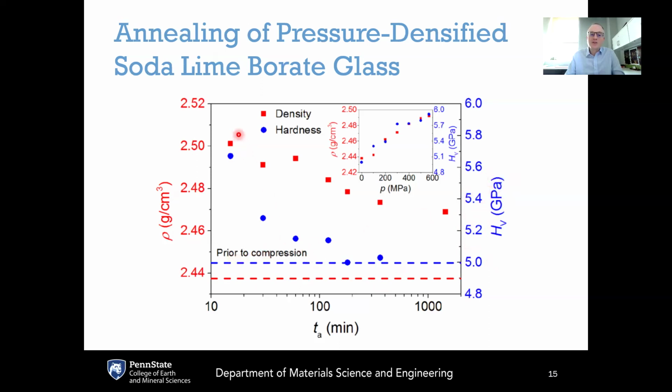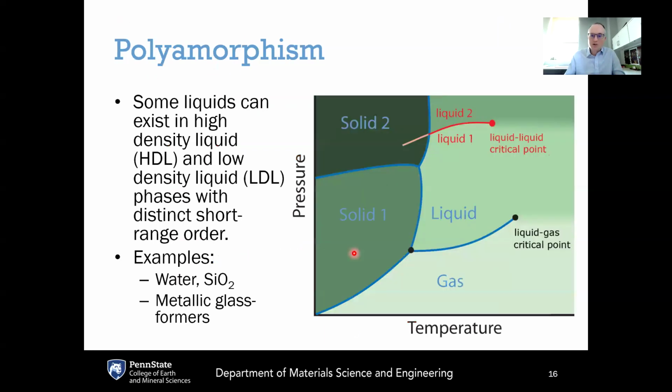Under the same conditions, the original hardness is actually recovered after annealing for about 200 minutes or so. So it just goes to show some of the unique things that one can see with playing with not only the thermal history, but also the pressure history, or combination of temperature and pressure histories with the glassy state.